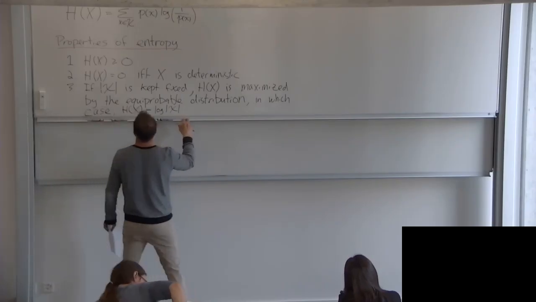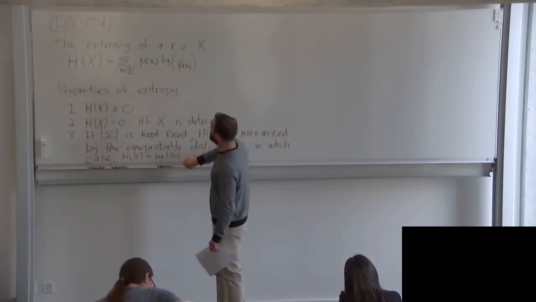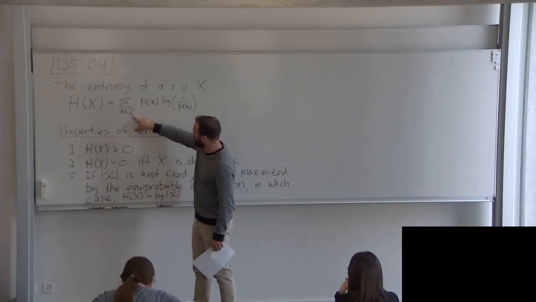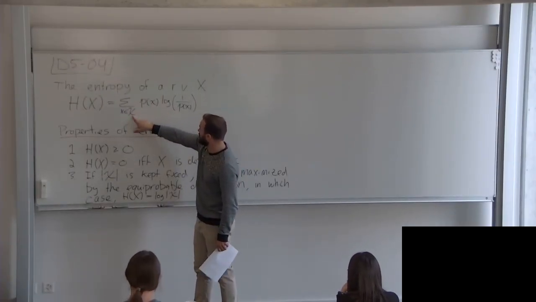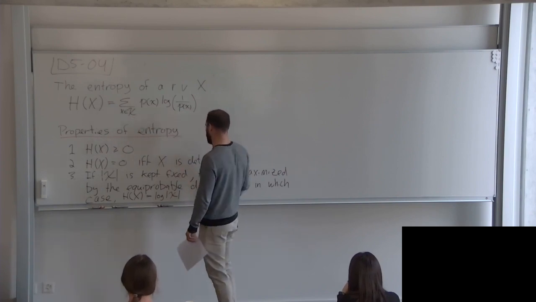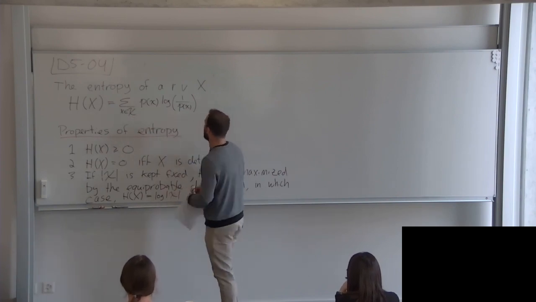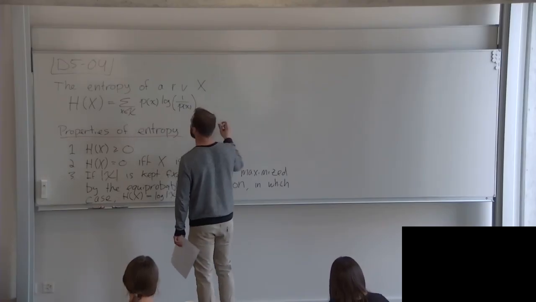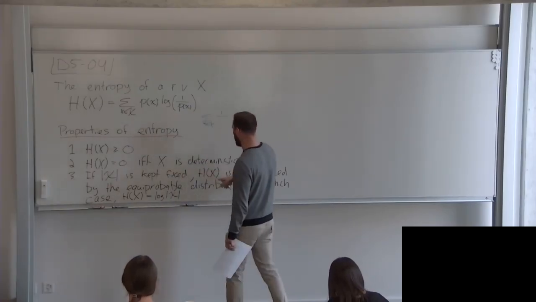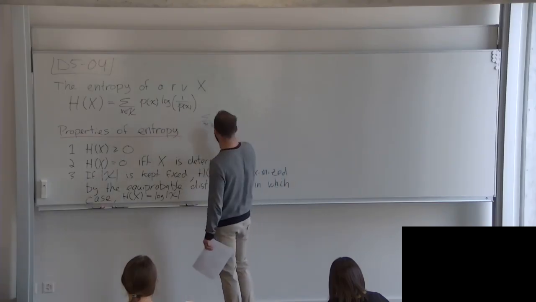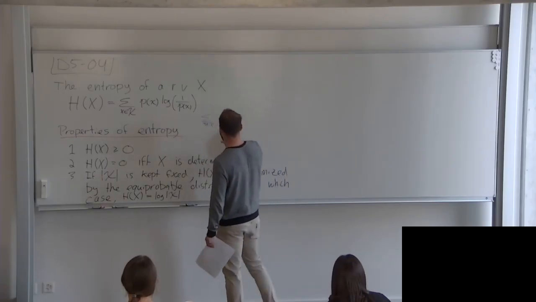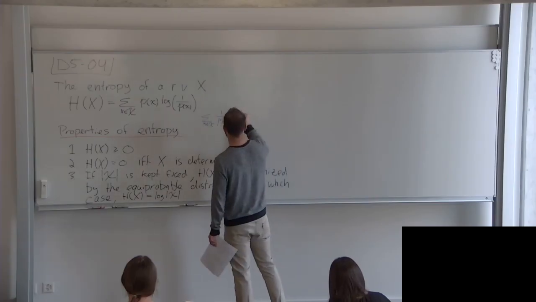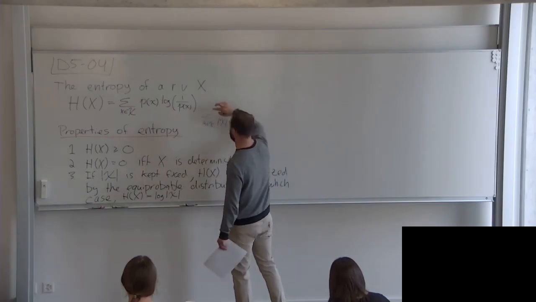Okay, we can verify that quite quickly. If we plug in all the probabilities being 1 over the cardinality of cal x, what would I get? We have the sum over all x in cal x. If I have the equiprobable distribution, then the probability is 1 over the size of cal x, times log of the size of cal x.